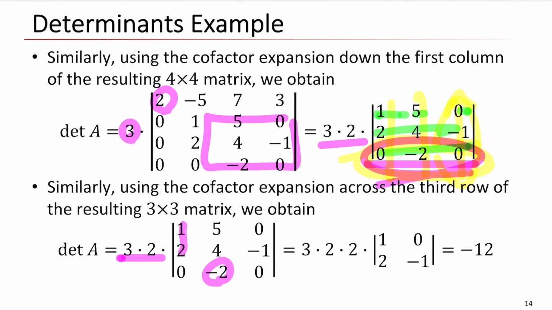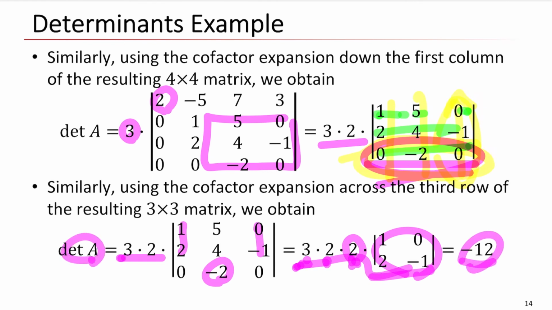Here with here, right? So 3 times 2 times 2 times this one, with some sign, so it will be the positive 2, right? So anyway, finally, the determinant of A is equal to negative 12.